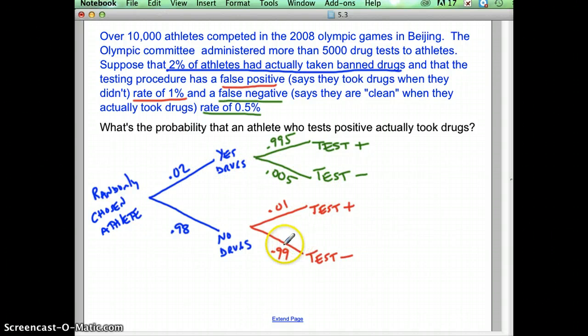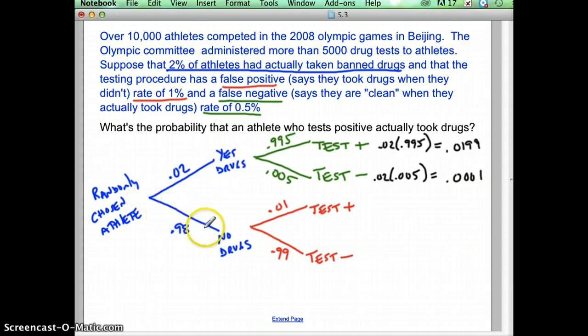Okay, so now what we're going to do is some calculations. So we're going to multiply 0.02 times 0.995. Okay, when you multiply those, you get 0.0199. Multiply 0.02 times 0.005. When you multiply those two, you get 0.0001.